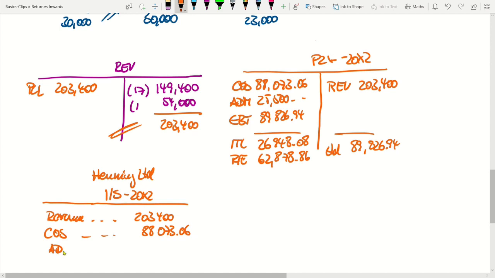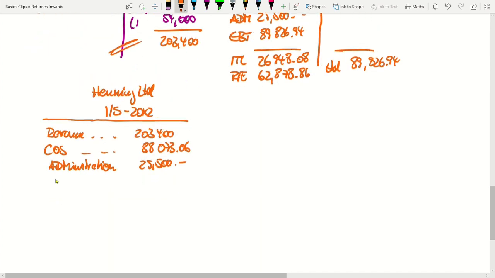I got admin expenses to the extent of 25,500, which gives me the earnings before taxes. Actually, it is the earnings before interest and taxes.